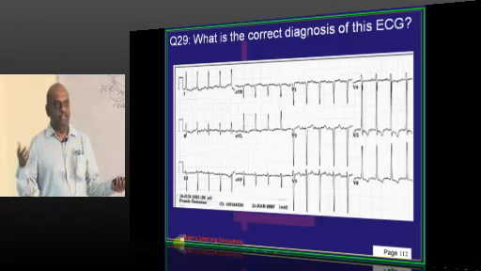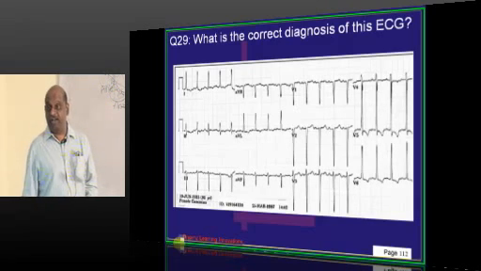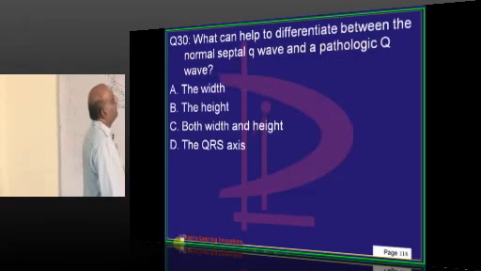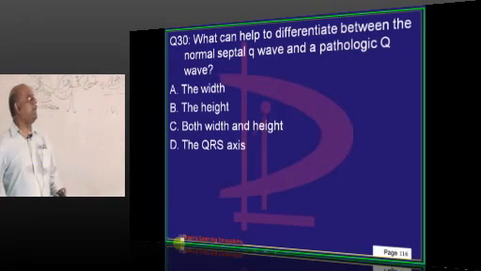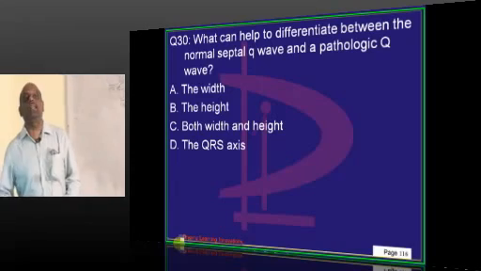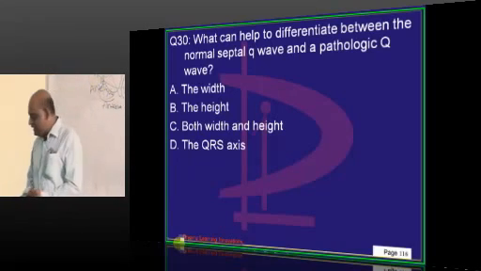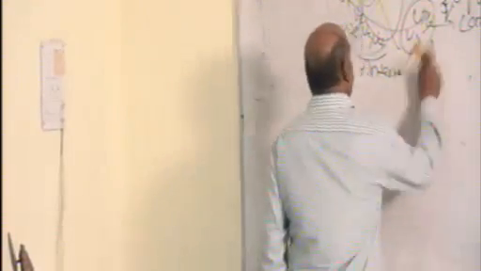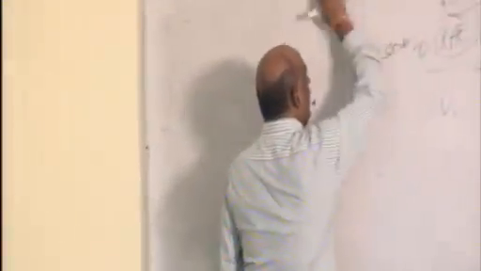Then you are a rhythm specialist of cardiology, right, doctor? Then what helps to differentiate between a normal septal Q wave and pathological Q wave? Normal septal Q wave and pathological, पहला इसके बारे में एक दो बातें हो जाए.